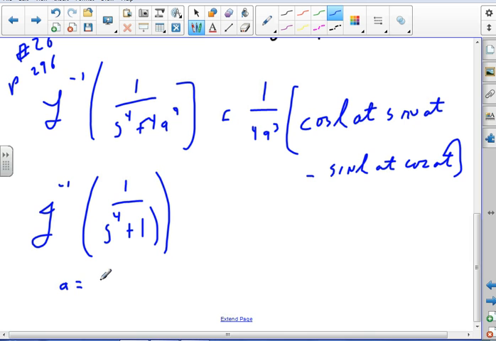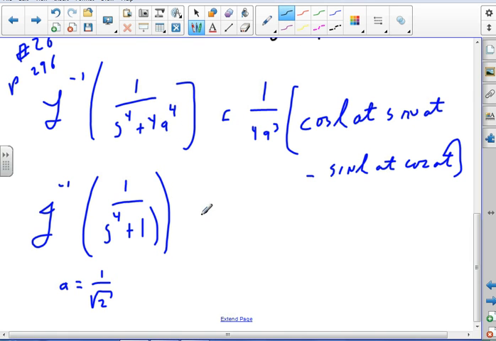So a has to be 1 over the square root of 2. Does it not? So if a is 1 over the square root of 2, then 1 over the square root of 2 raised to the fourth power would give me a 1 over 4. This would make this a 1.